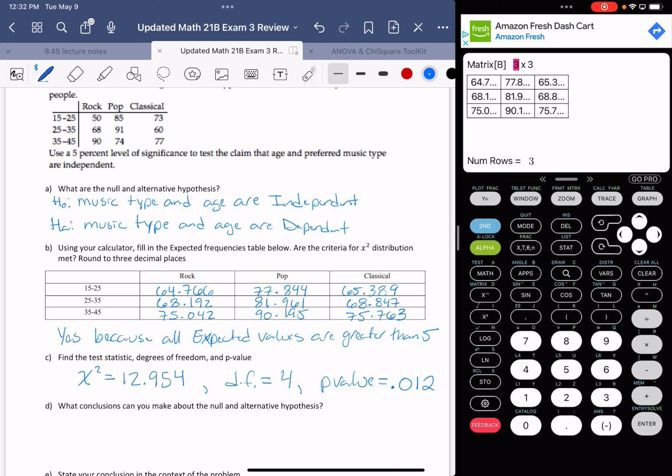Okay. Any questions up to here? For the greater than 5, when would it be that we would say at least 5 or equal to, or is it always going to be greater? It's going to be greater than 5, yeah.